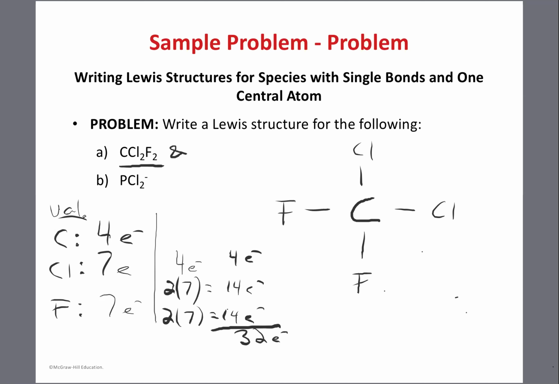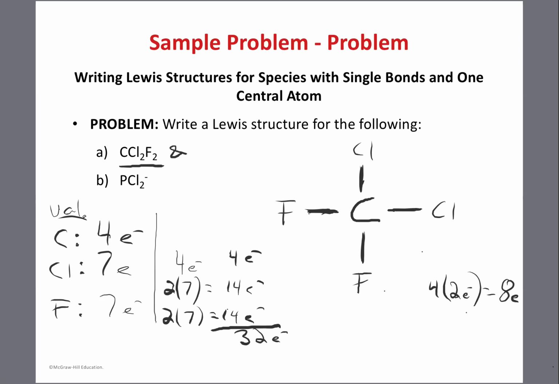Earlier, I drew in single bonds, which is the first thing you always do to hold the molecule together. That's 4 bonds, which means 4 bonding pairs, each pair being 2 electrons. So right now I've used 8. But of course, I'm not done yet.